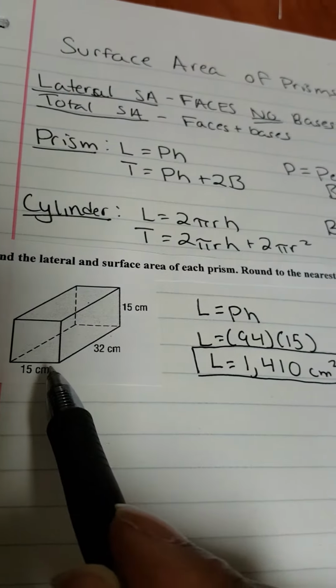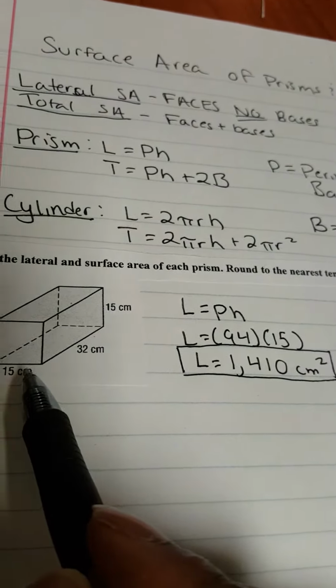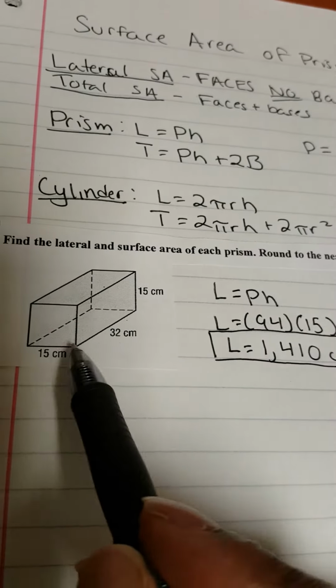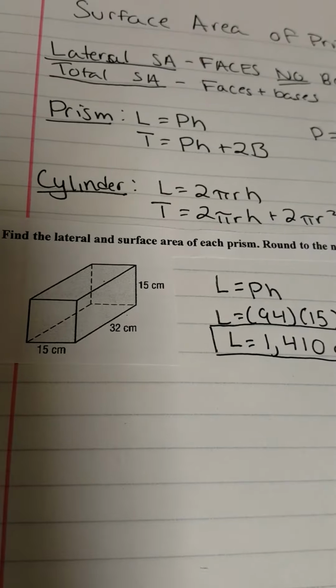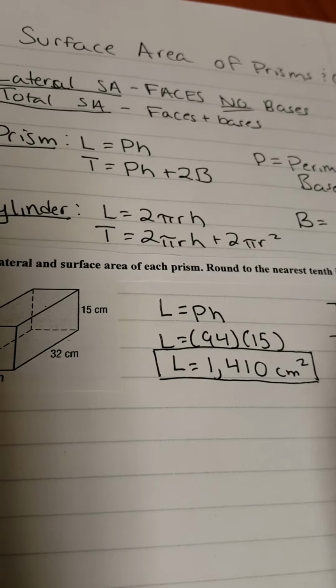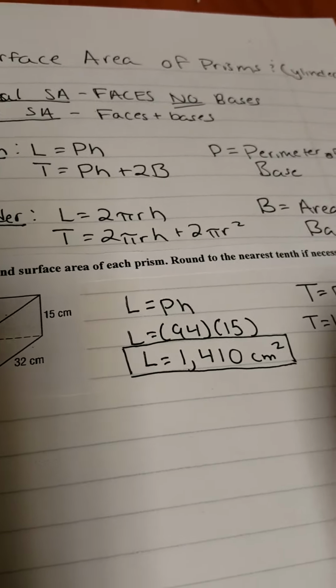Area of the base. Remember I had a rectangle base. How do I find the area of a rectangle? Multiply the base and height of the rectangle. So what's 15 times 32? 480?